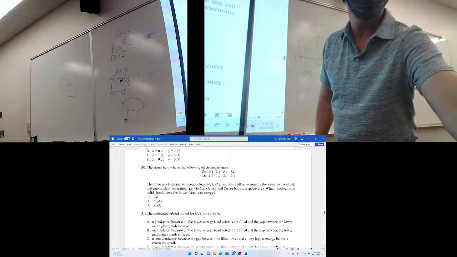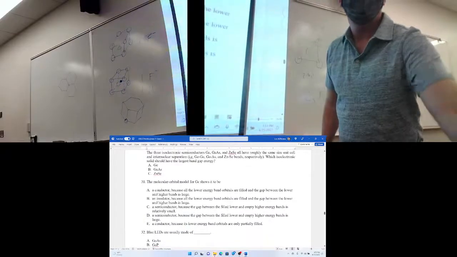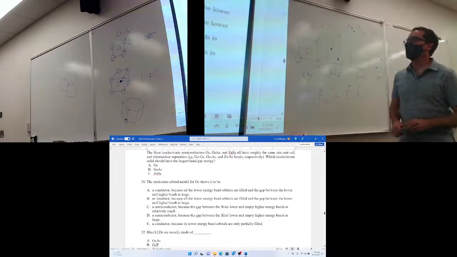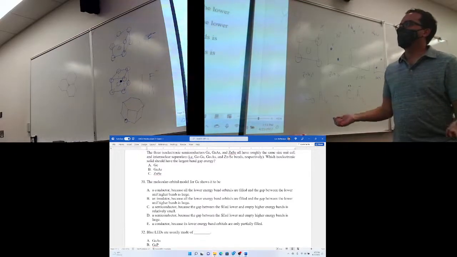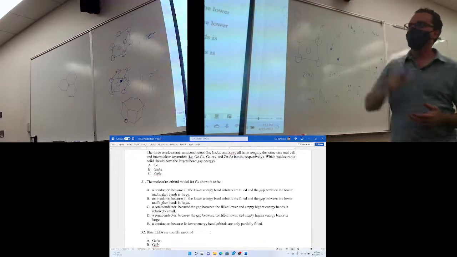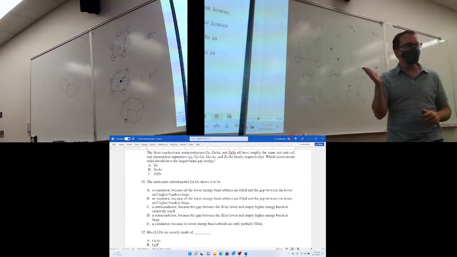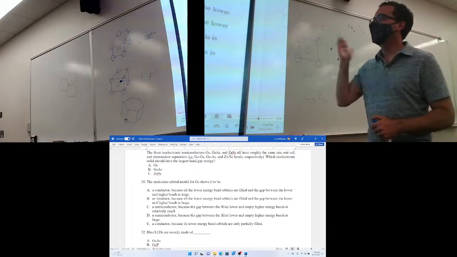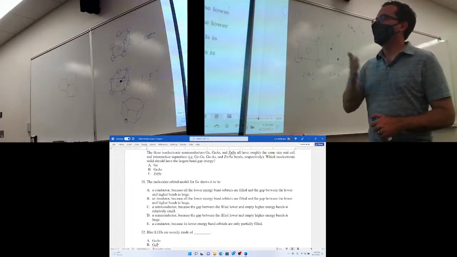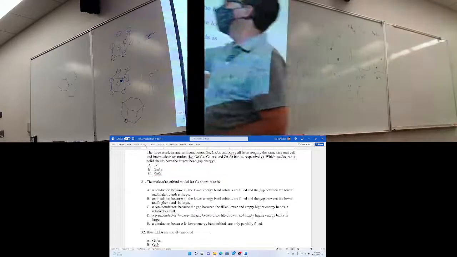The molecular orbital model for germanium shows it to be a conductor. No. Well, we can look at the periodic table and we can see that it is definitely a semimetal. It's in that region. So it's not a conductor. It's not an insulator. It is a semiconductor. So why is it a semiconductor?